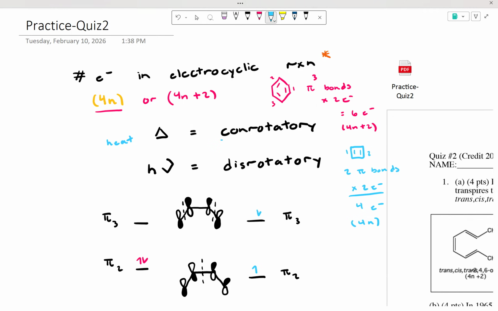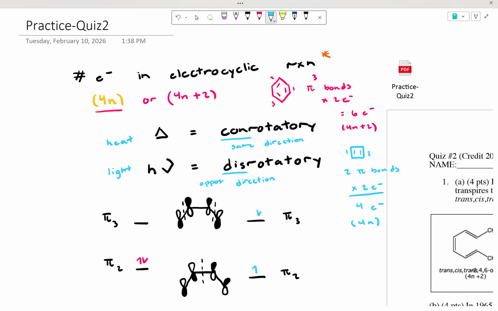That means that the bonds are going to spin in the same direction. If we induce the molecule with light, h nu, we're going to see disrotatory direction, which means they're going to spin in opposite directions.